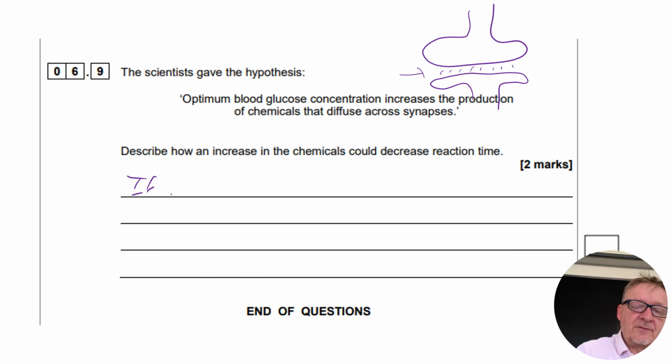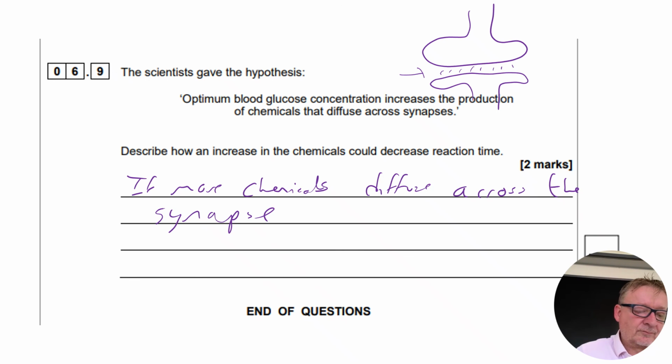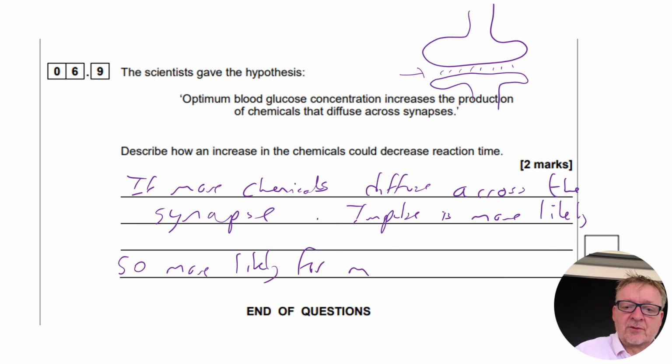Right, so if more chemicals diffuse across the synapse, an impulse is more likely, so more likely for muscles to contract.